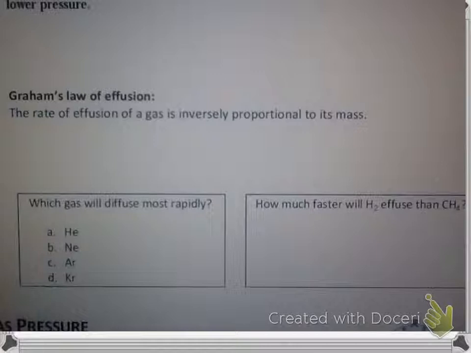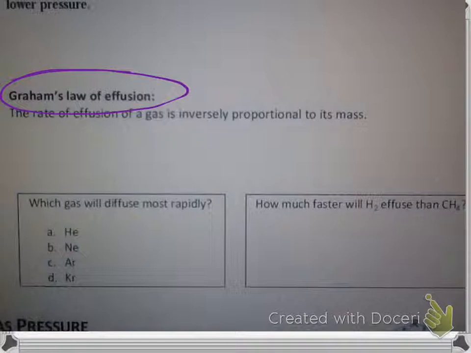Much faster. How much faster, you might ask, though? You could do a competition. How much faster does helium effuse from a container than argon does? I had to remember which one I talked about. We can actually calculate how much quicker one gas will effuse from another using an equation called Graham's law of diffusion.